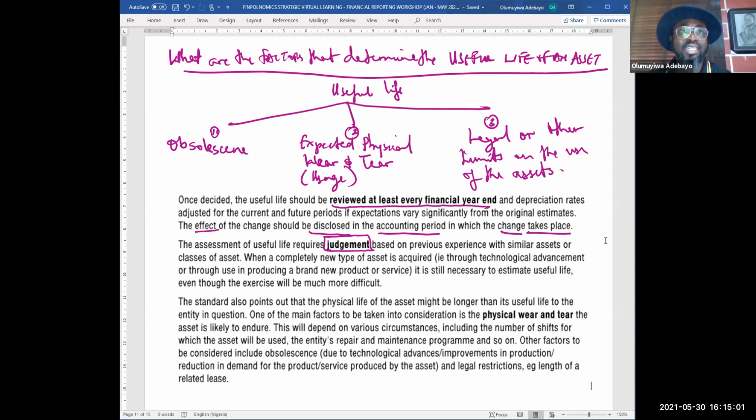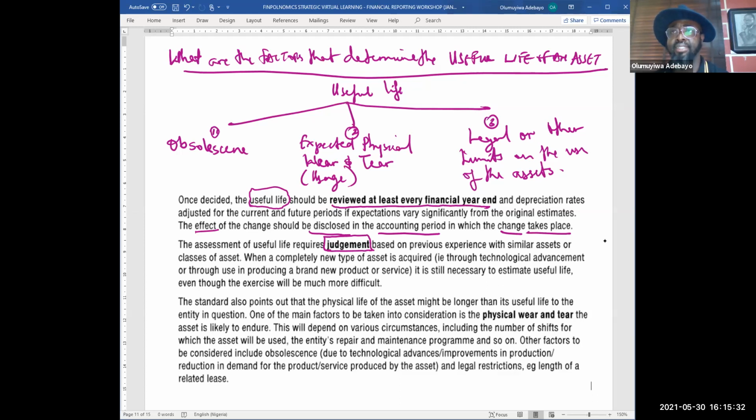The position of the standard is that at least once every year, you must review or revisit what the useful life is. The essence of it is that if the car can still last an additional 2 years after the end of the 3rd year, you will extend the useful life by an additional 2 years and therefore depreciate the remaining carrying amount over the 3-year period.